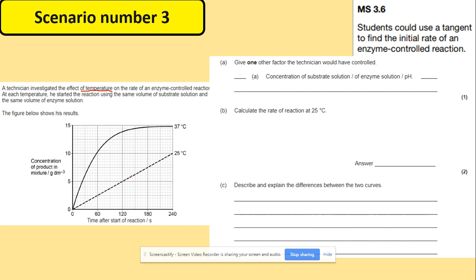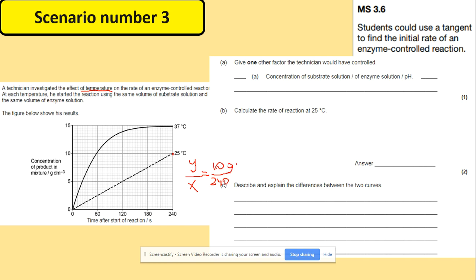Now calculate the rate of reaction at 25 degrees. This one is straightforward, really easy, because the rate of reaction is change in Y over change in X. So what is the change in Y? 10 to 0, so that gives you 10, and the change in X from 240 to 0, so that's 240 as well. That's your working out, but remember to include the units as well.